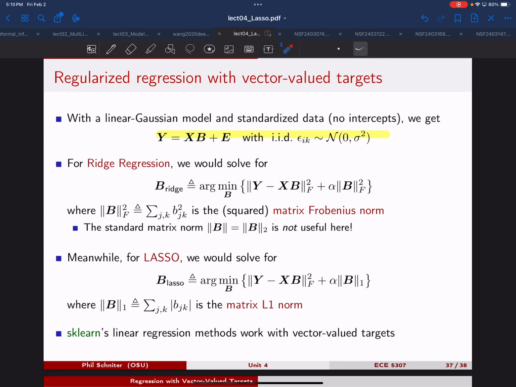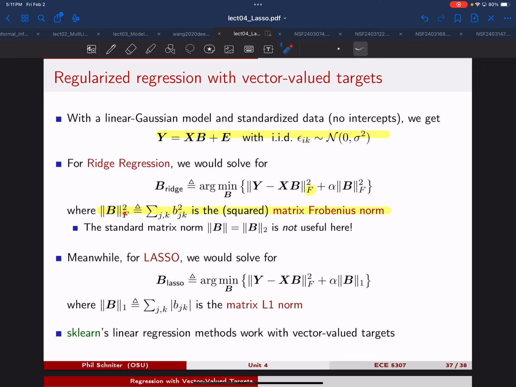So now, if you did maximum likelihood, you would want to minimize this. The one thing I want to point out here is this little subscript F. This is what's called the Frobenius norm of a matrix. If you have a matrix, you just sum over all of its squared values, this is called the squared Frobenius norm.